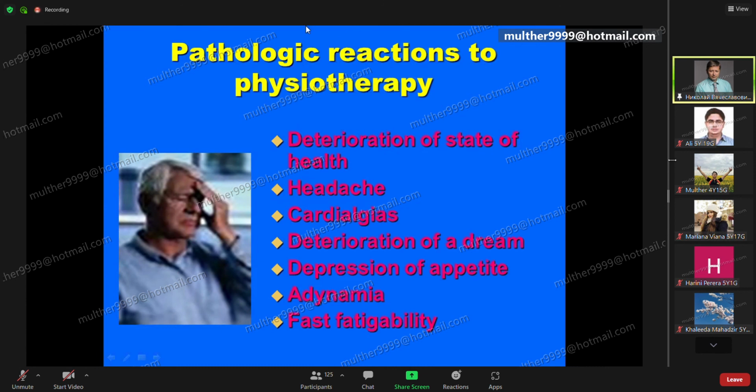It's not so good. There are pathological reactions which we have to try to avoid in our practice.